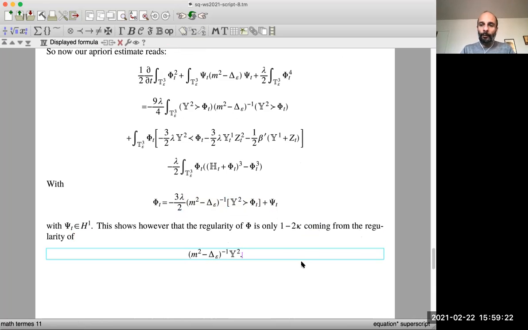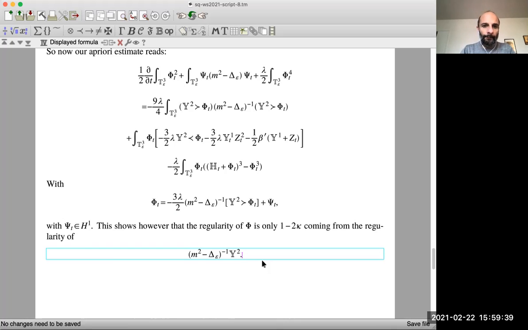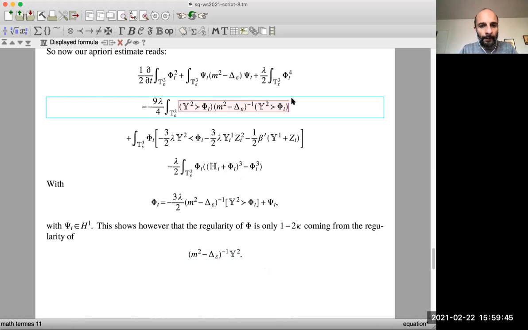Okay, so let me stop here because on Thursday I will restart from here and I will resume this last computation, which maybe was a bit messy. So the point is we still have to understand if everything is fine, and it will be fine, but somehow there will be some renormalization to be done.